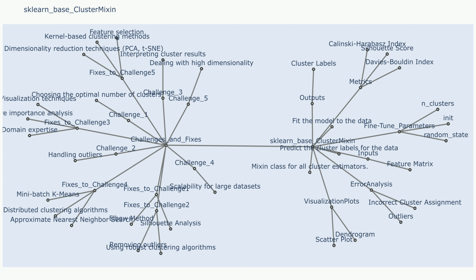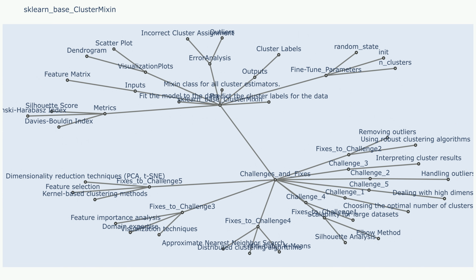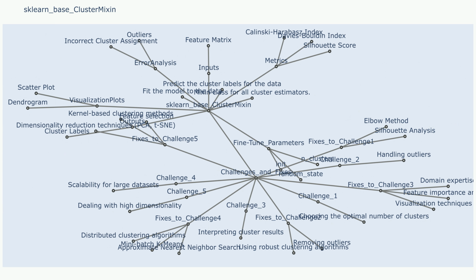Metrics: silhouette score. This metric measures how similar an object is to its own cluster compared to other clusters. A higher score indicates a better clustering. Calinski-Harabasz index. This metric measures the ratio of between-cluster variance to within-cluster variance. A higher score indicates a better clustering.